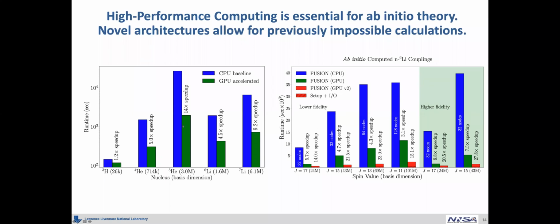In both cases, there's the same number of nodes, either on the CPU or the GPU. So a node here has 40 cores and 4 GPUs. I don't remember exactly the number of nodes used in these calculations, but here they're written. Thanks. Cool.